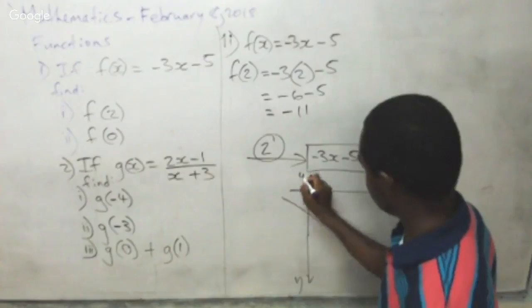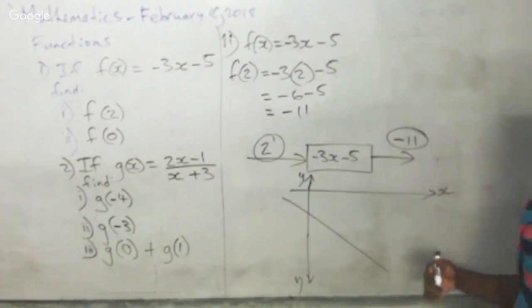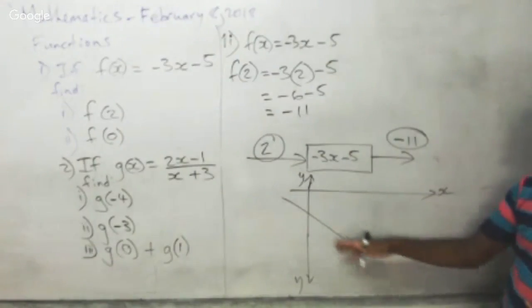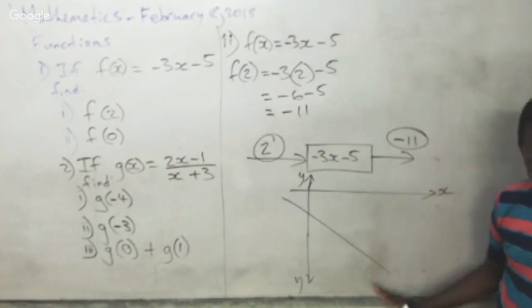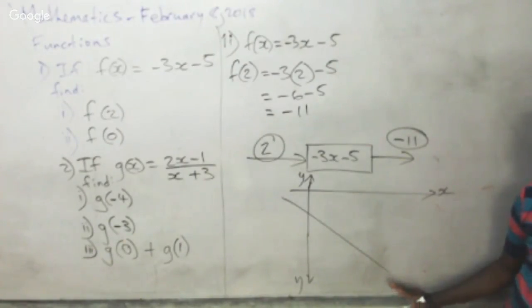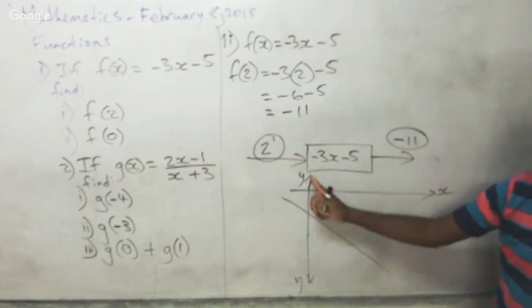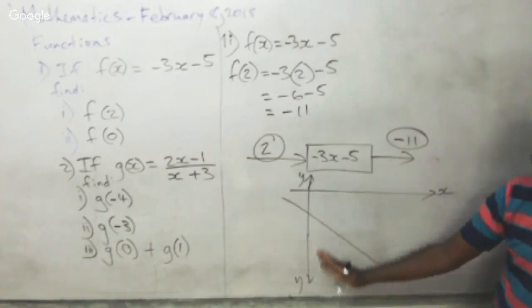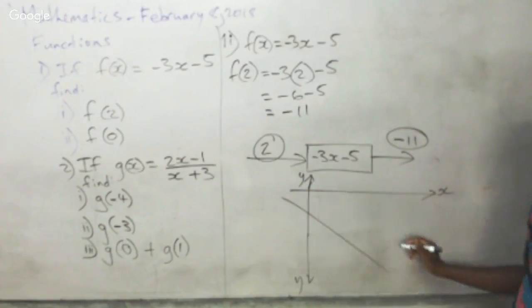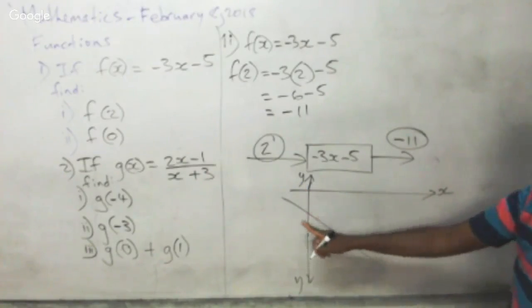The graph is more to the negative side, so instead of showing it above on the y, I'm putting it below. This is the negative side, the x-axis is the same, and it passes through negative 5.